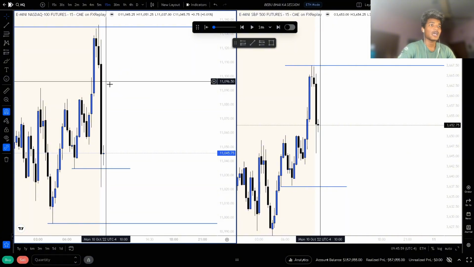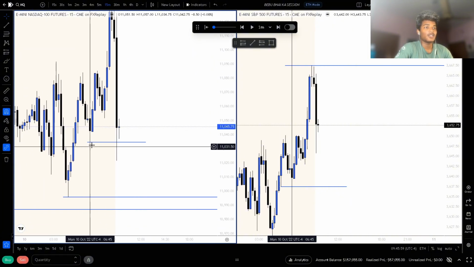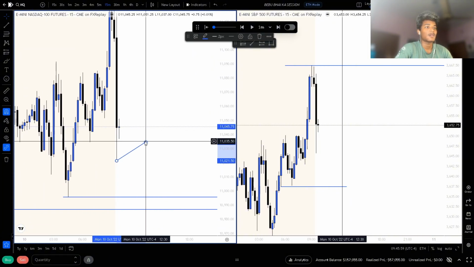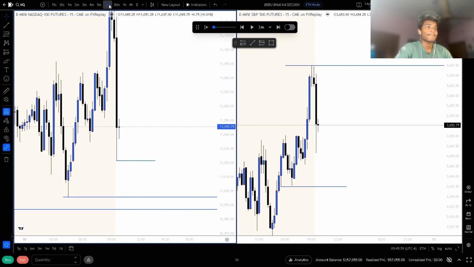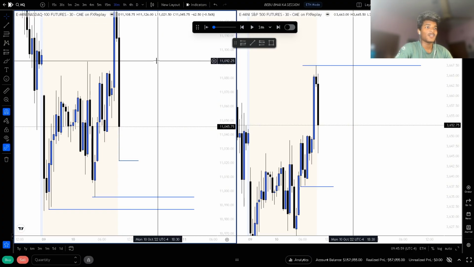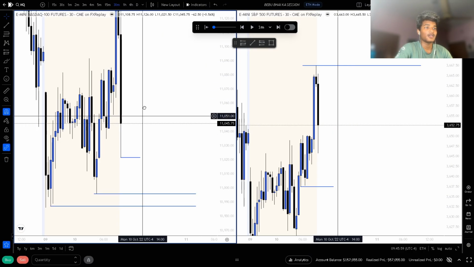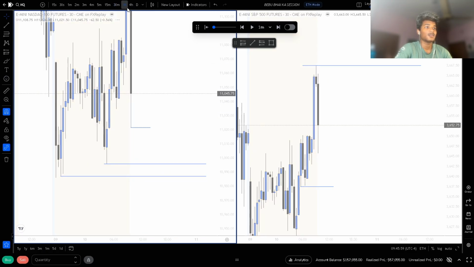so we inverse this gap and we have this 15-minute intermediate term low. We have not inversed the 30-minute, but we are inside of this 30-minute.